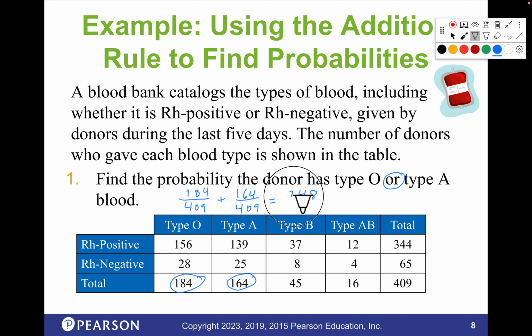Carry the 1. 348 out of 409. And again, you could turn it into a percentage if you like with the calculator, but that's the counting process, right? There is no overlap.